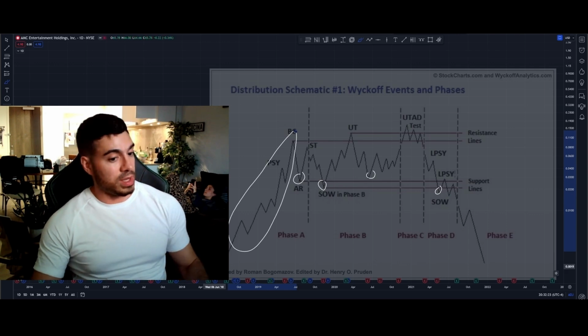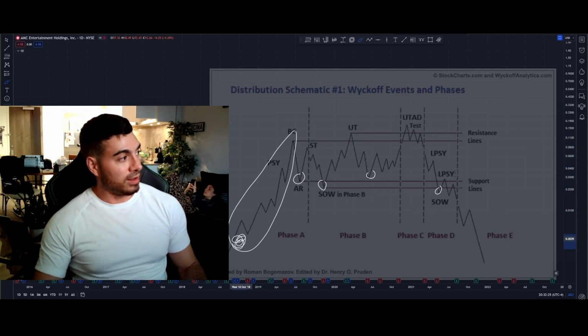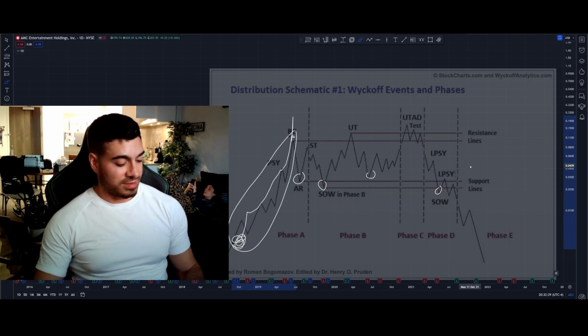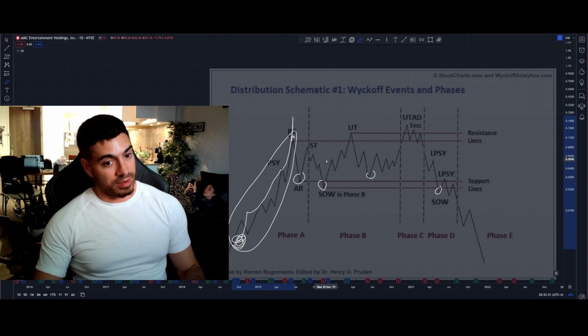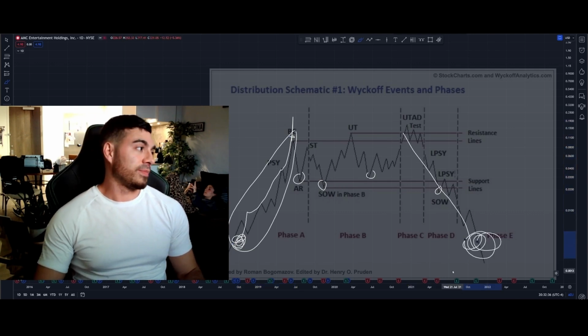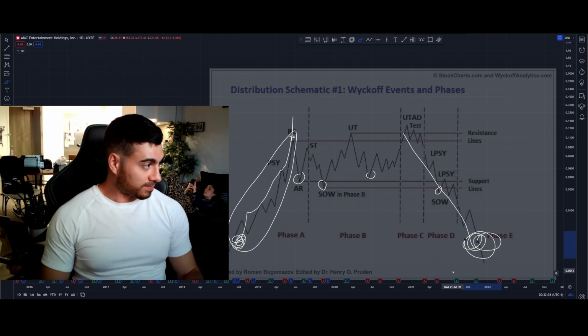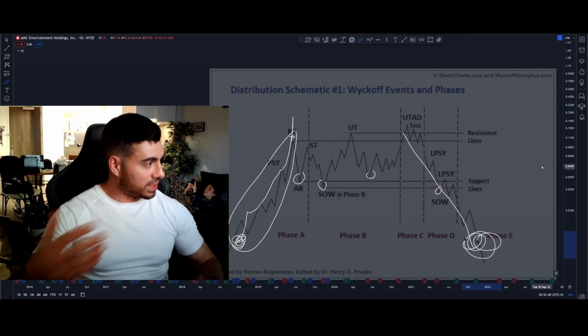And that's when QE started here, right? And then you got your blow off top to the top of January. Make sense? And then you distribute all the way. You come down, distribute, and this was your October low in 2022, sorry. And it repeats over and over and over again.